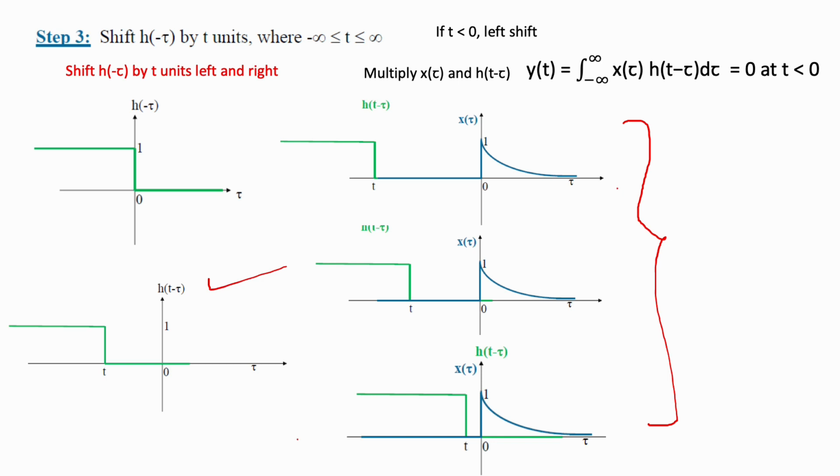Is it clear? There is no common area between x of tau and h of t minus tau. x of tau is given in blue color and h of t minus tau is in green color. These two colors are not merged, so the output will be 0.